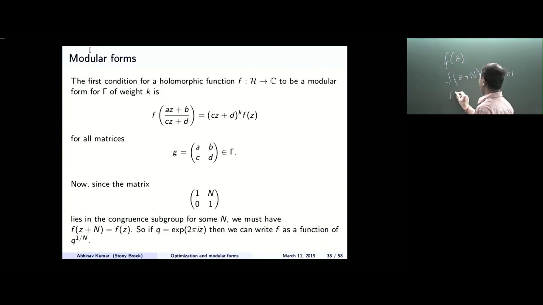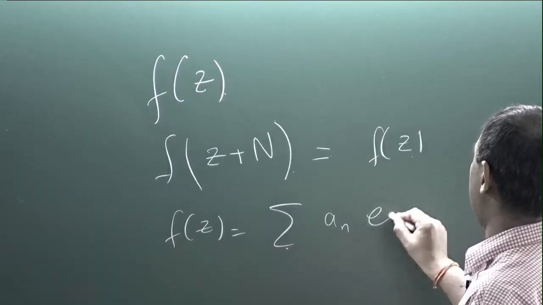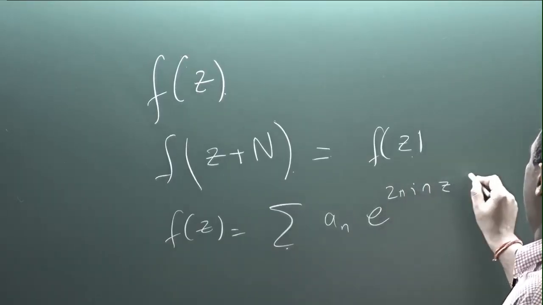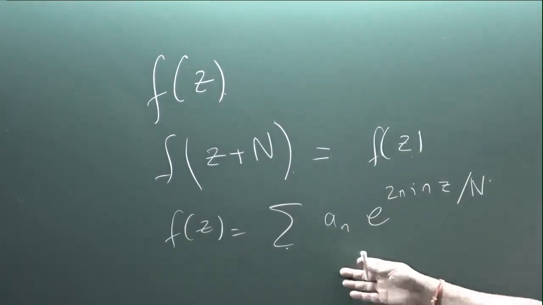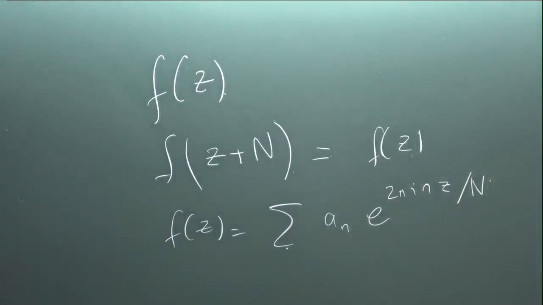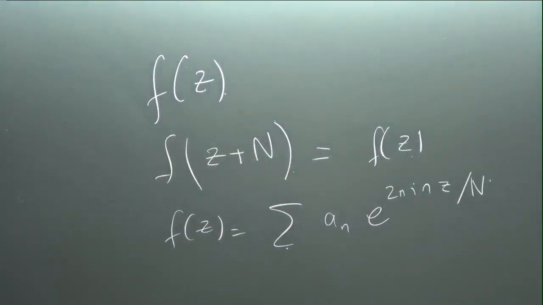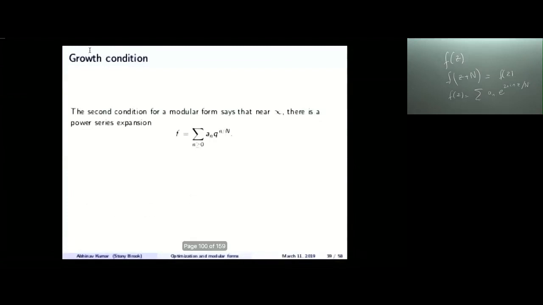And so this tells you that f of z you could write down in some kind of Fourier basis as a sum of a_n e to the 2 pi i n z. This is what's called a q-expansion. This is just the Fourier series for this function with respect to the x variable.